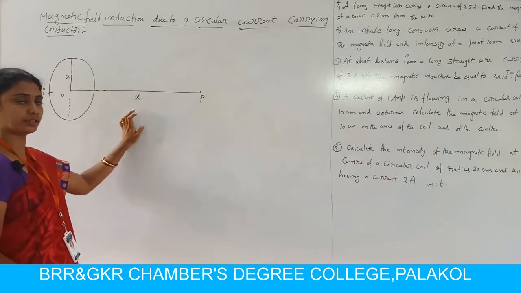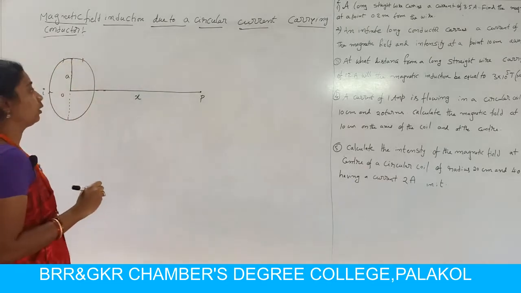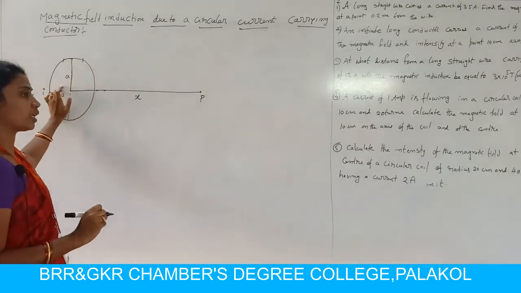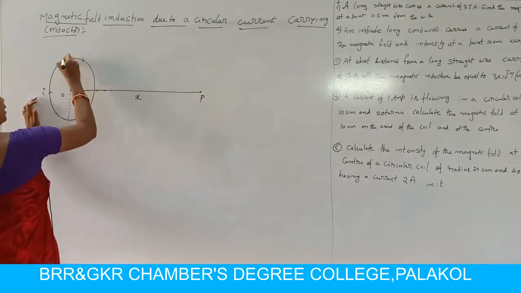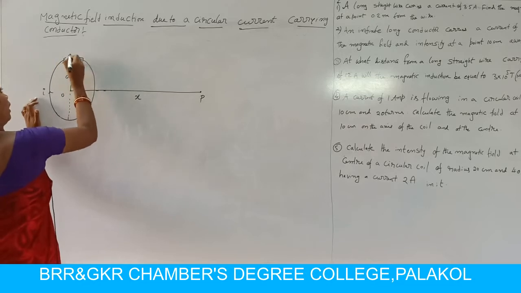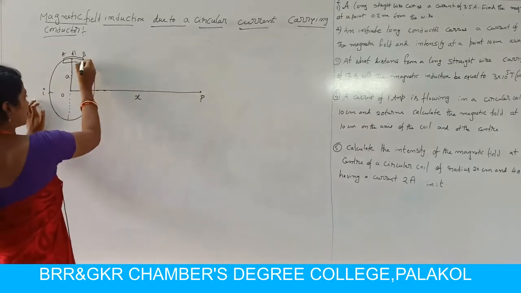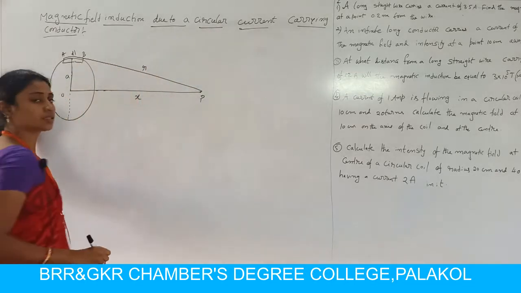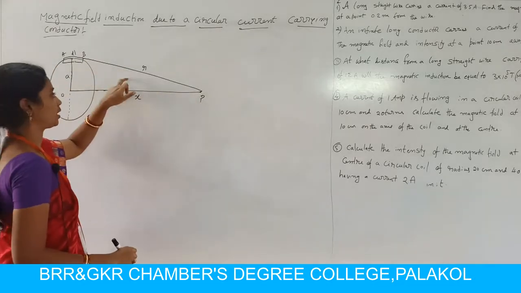Calculating the field for the entire loop is difficult, so we consider a part of the circular loop, an elemental length dl, named AB. The distance between this elemental length AB and point P is treated as r.